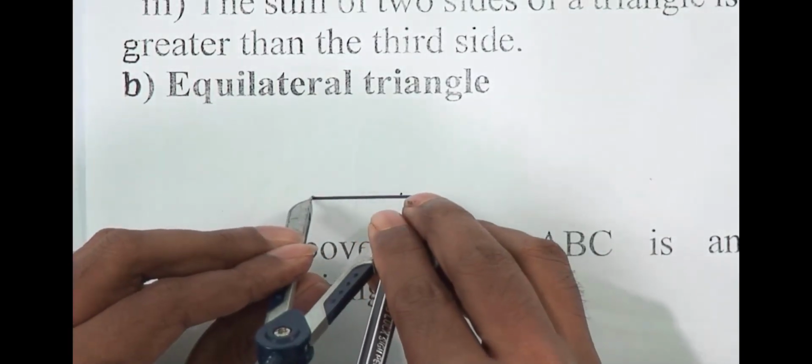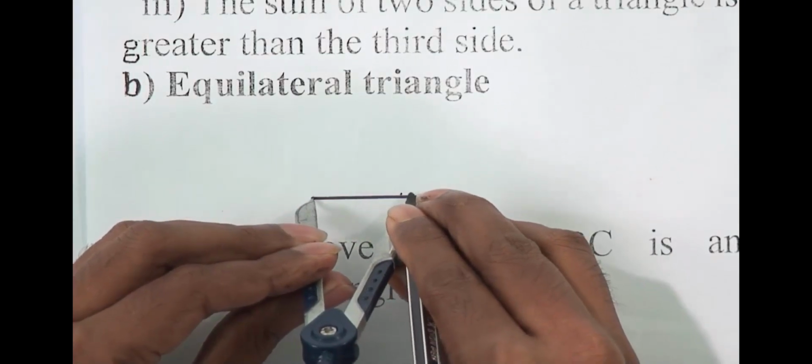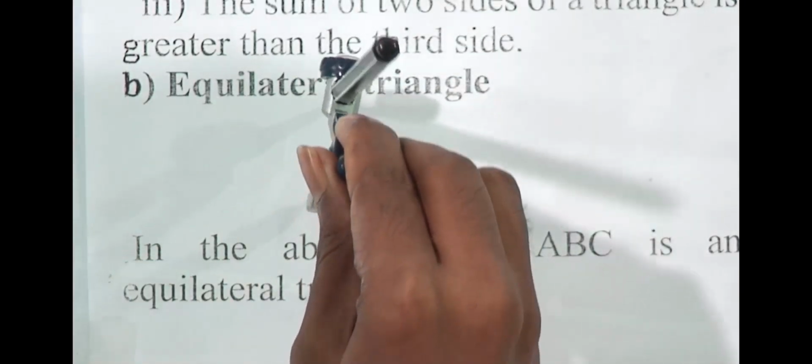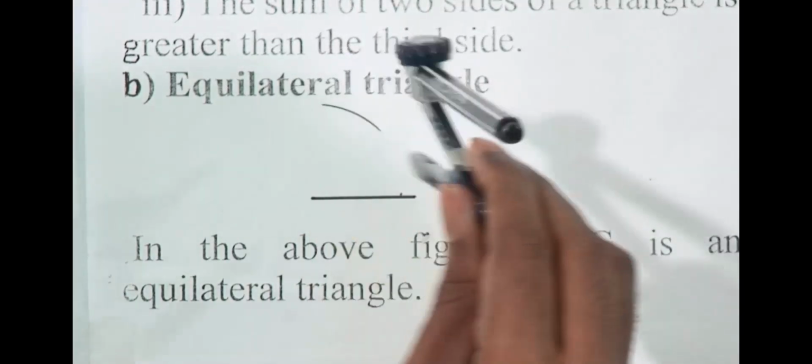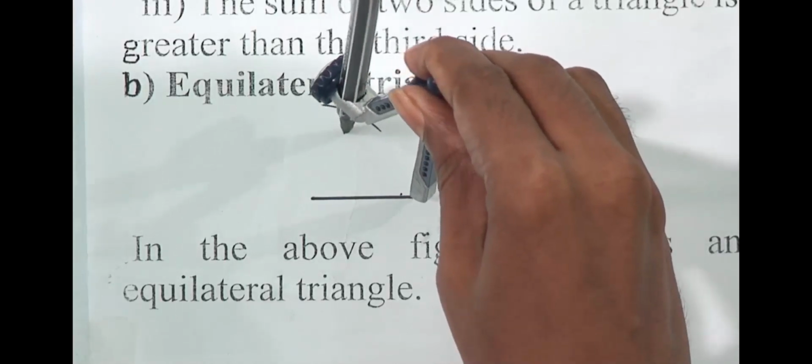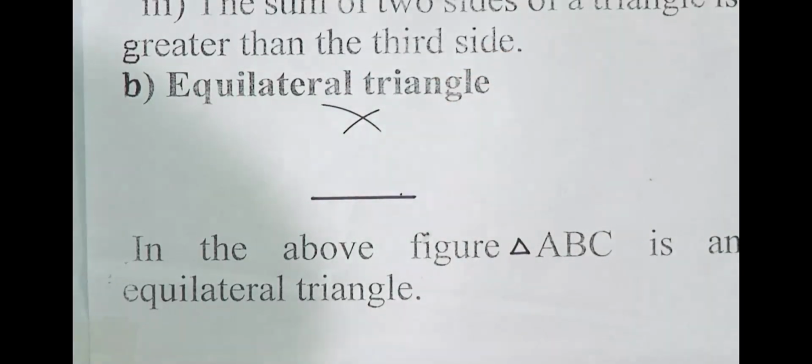Now how can you construct it? Look, you place it this way, and then you join the points.